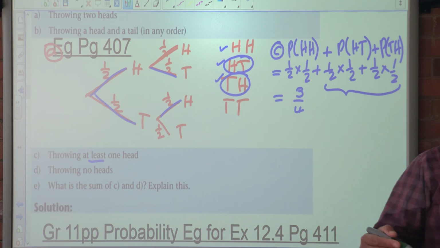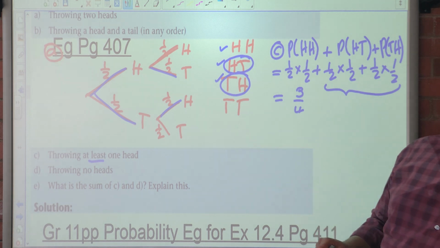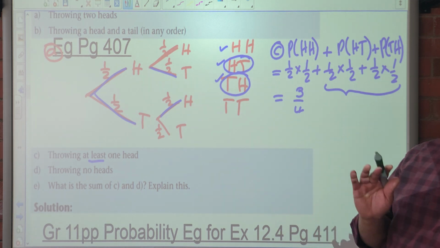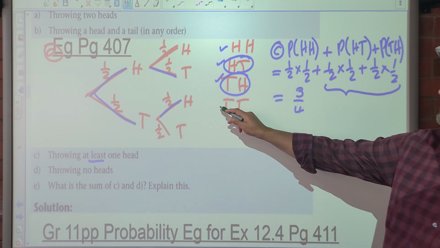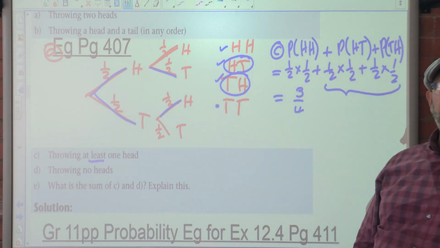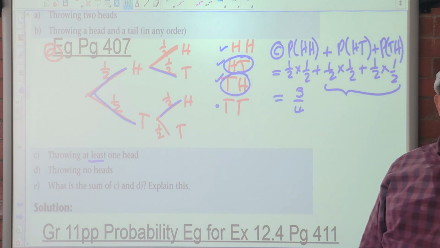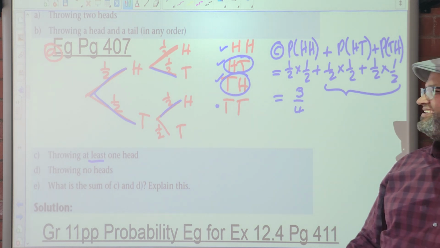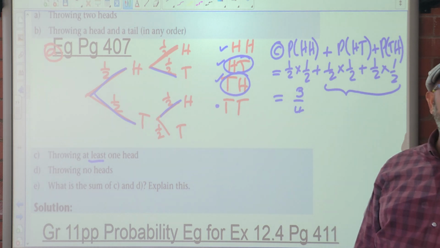Or we can apply the complementary rule, which is 1 minus the probability of no heads. Okay? Because that's the only one that's left out. Not so? We all feel so sometimes, no? Left out. So, you say 1 minus the left out ones.